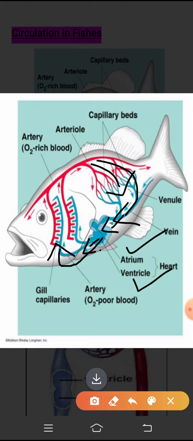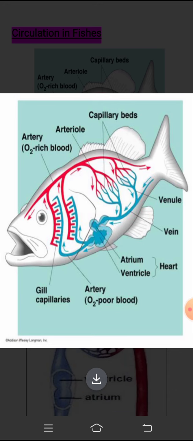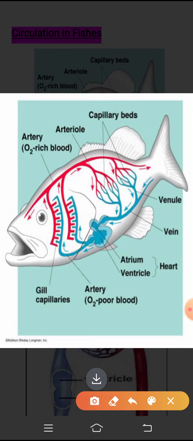As it reaches the gills, the carbon dioxide is thrown out of the body of the fishes to the external environment, and the blood gets oxygenated again, because oxygen enters as the fish respires. The oxygenated blood again enters the body of the fishes.